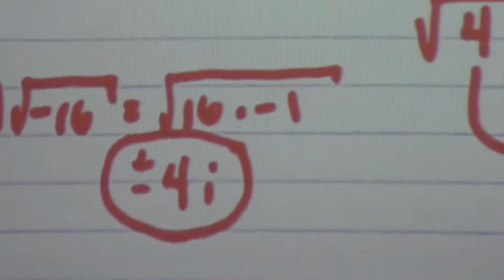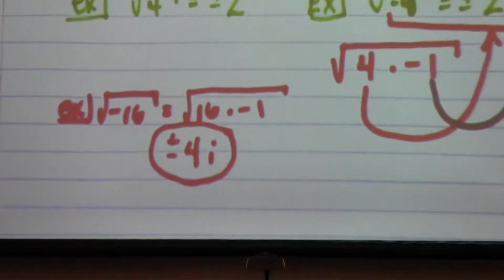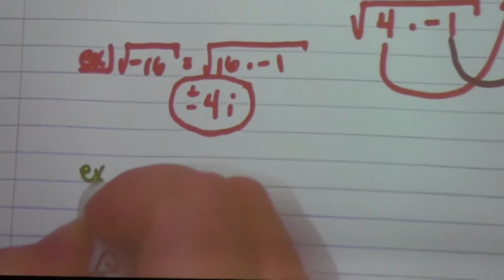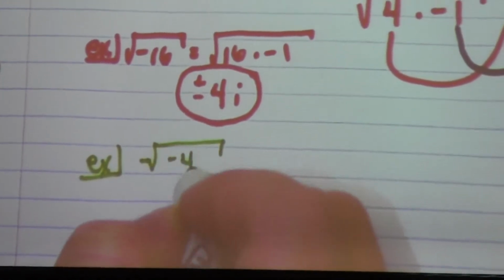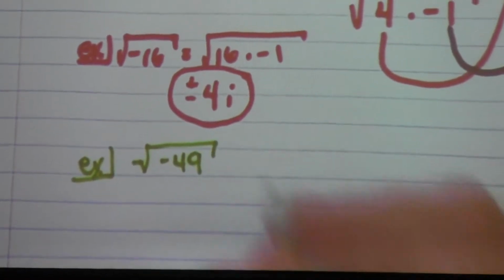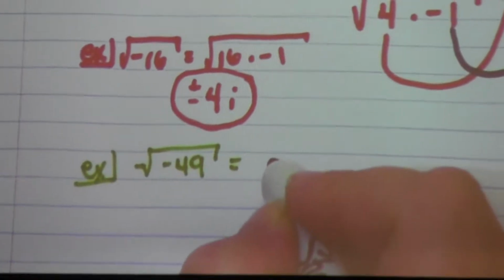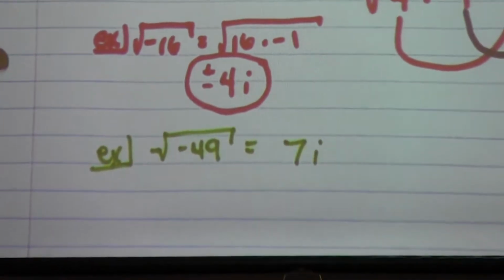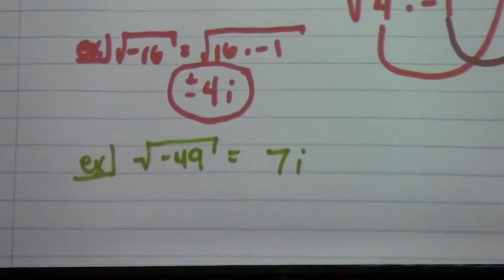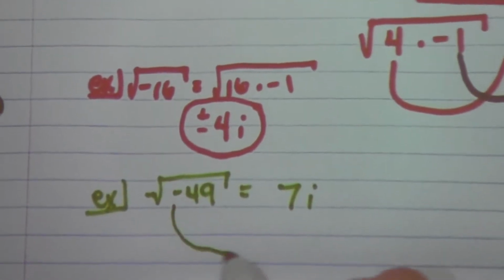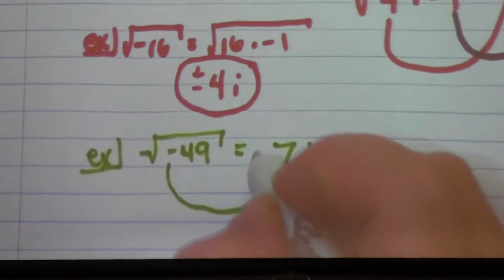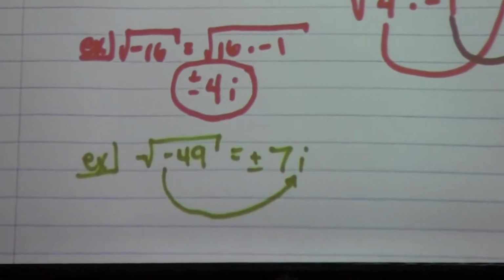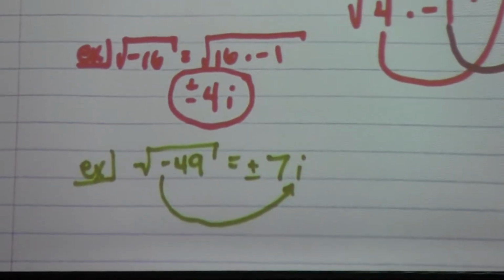But I tended to just skip over that idea and say, if I had the square root of negative 49, that would be what? 7i. I just think, oh, I'm going to take the negative sign out and make it an i. And then I can just worry about plus and minus the square root of 7 and not have to worry about the rest of it.